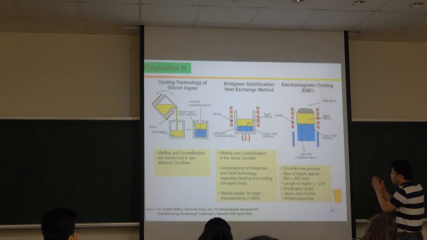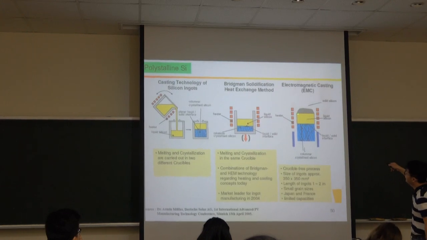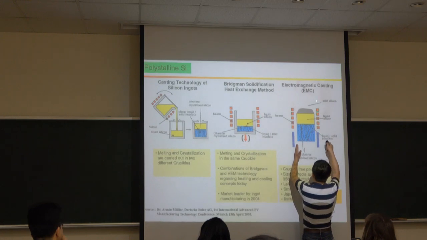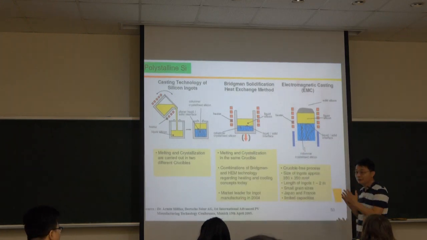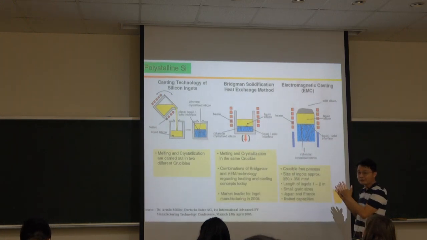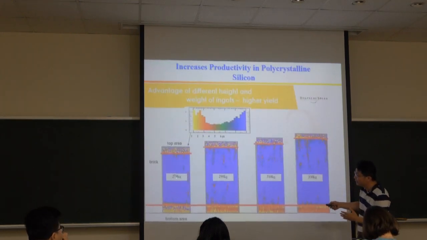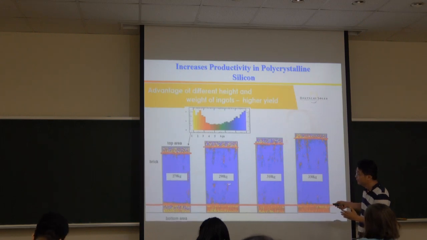And then if we increase the size more, you can fix this brick. The crystallized silicon is right here, and then we move the coil. So you have the bigger size. For example, you have 270 kilos, and then 300.